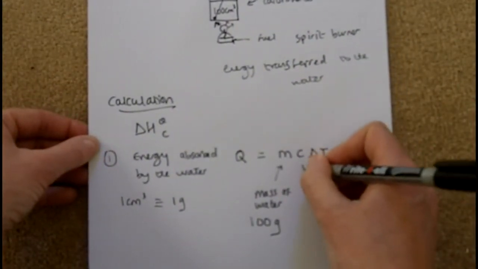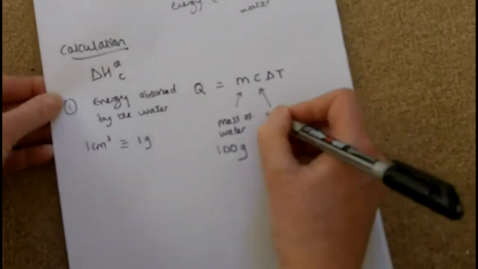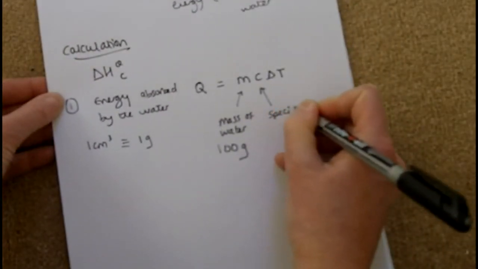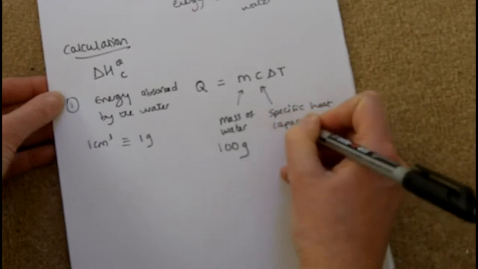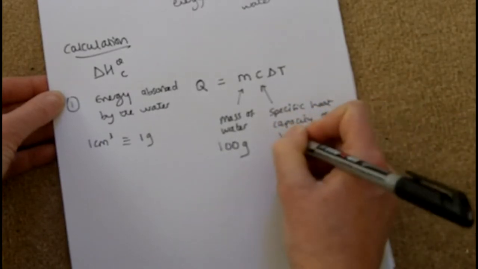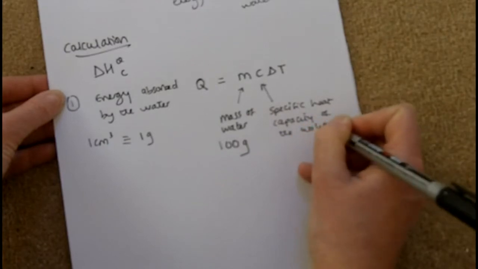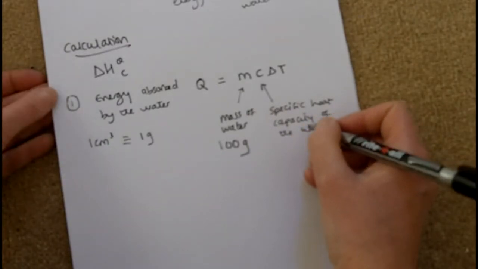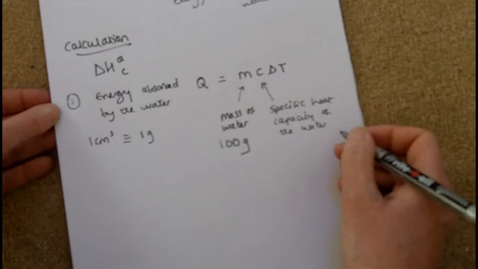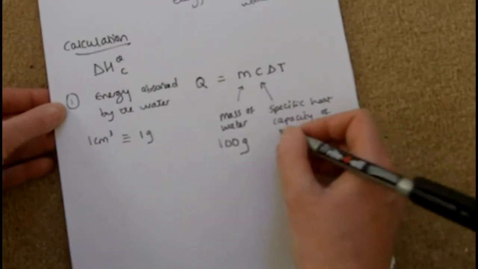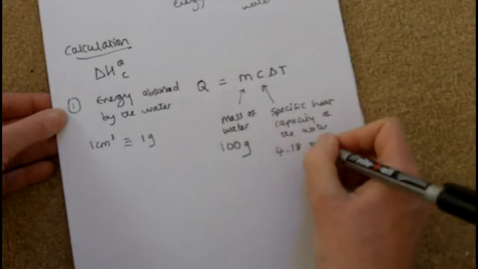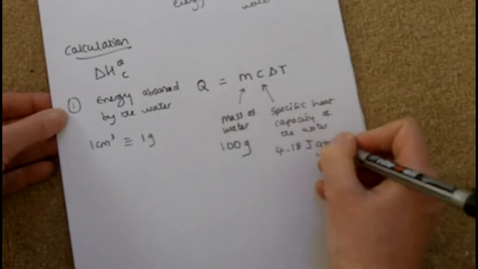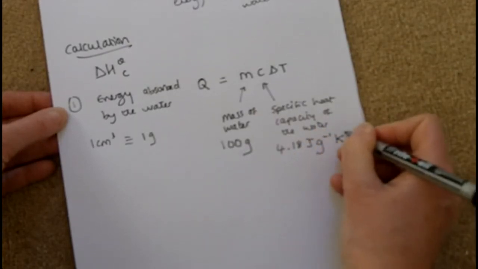Now, c is the specific heat capacity of the water. It's always given to you in questions, and the value normally for c is 4.18 joules per gram per Kelvin.